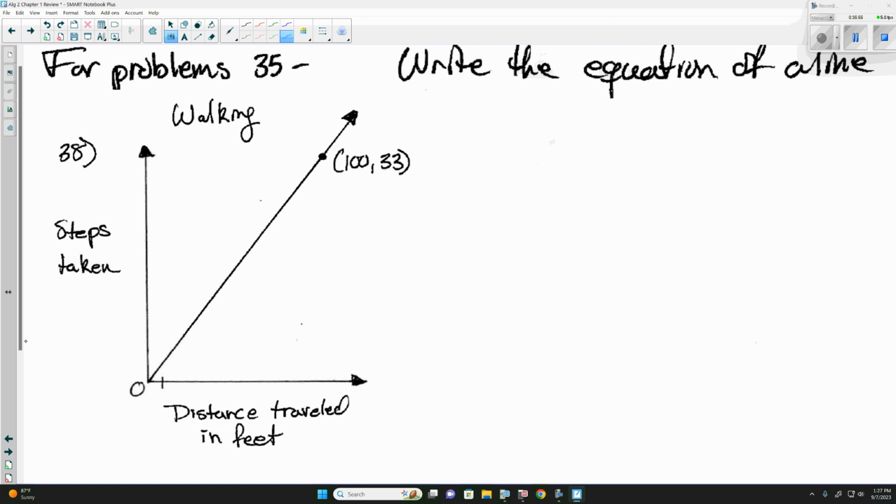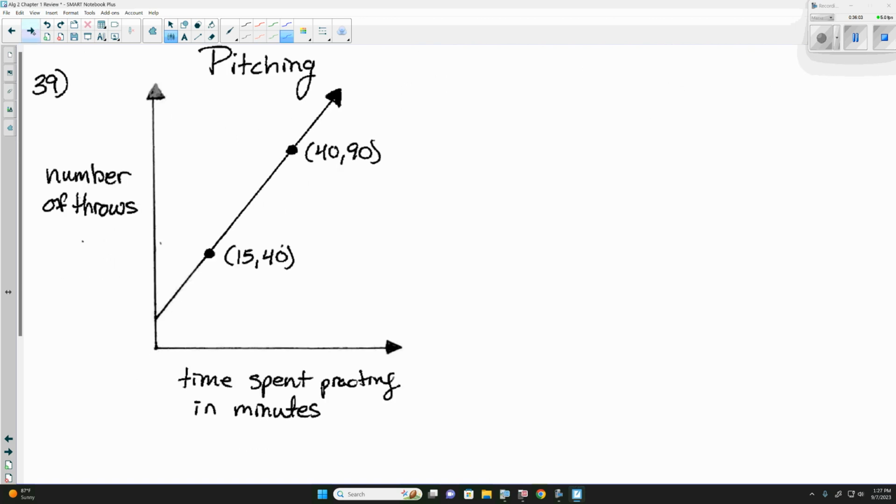Let's go over that again, 38 or 39. Okay. Now with these, especially on the test, it's going to ask for two things. One is the slope, and the other is the equation of the line. So to find slope, y2 minus y1 over x2 minus x1.